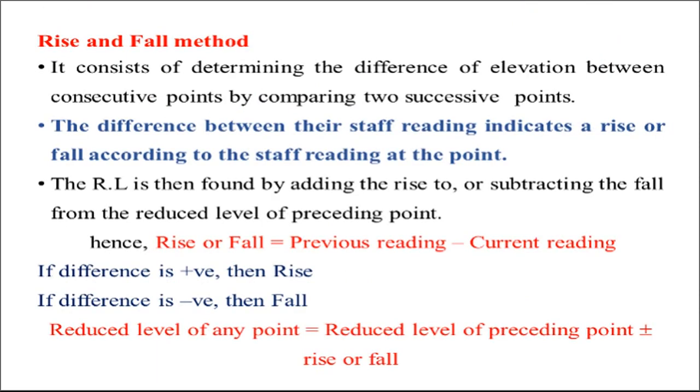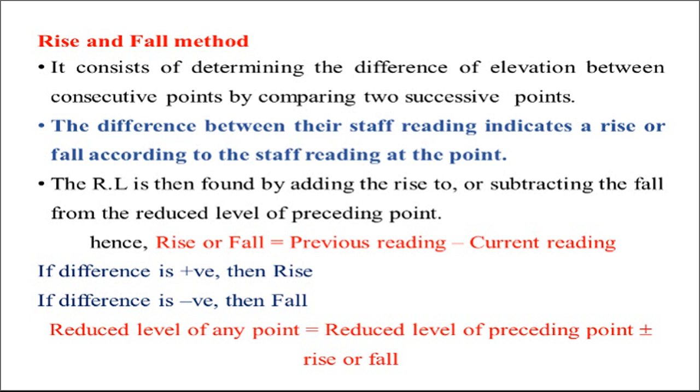The rise and fall method consists of determining the difference of elevation between consecutive points by comparing two successive points. Here we have to compare two successive points and find out whether there is a rise from the first point or a fall from the first point.